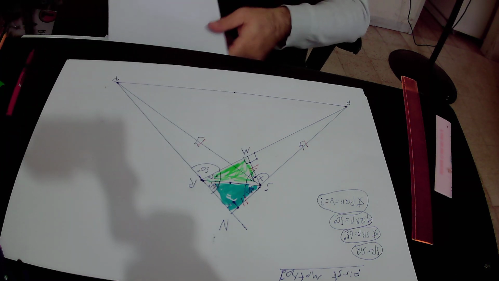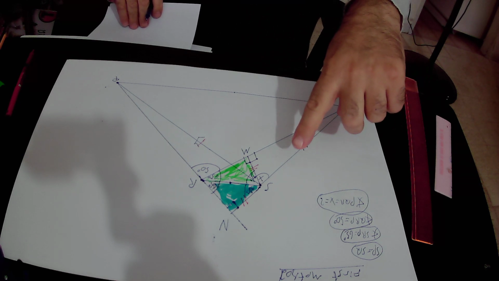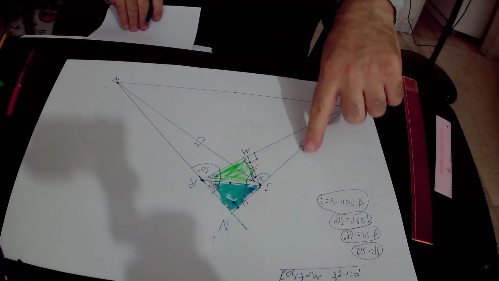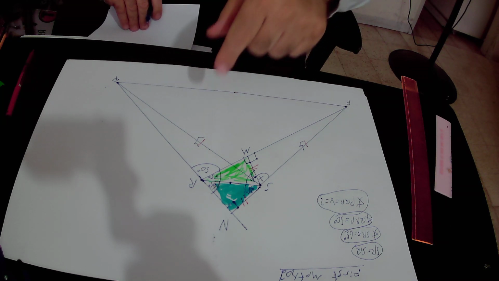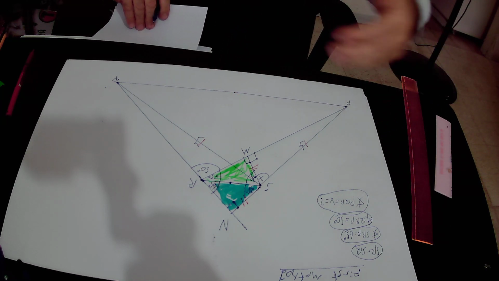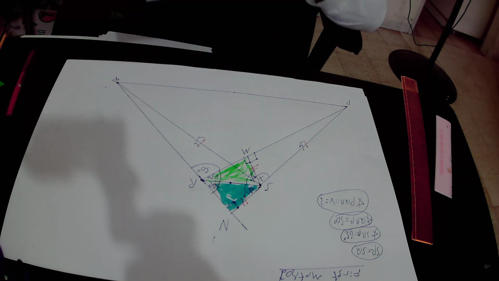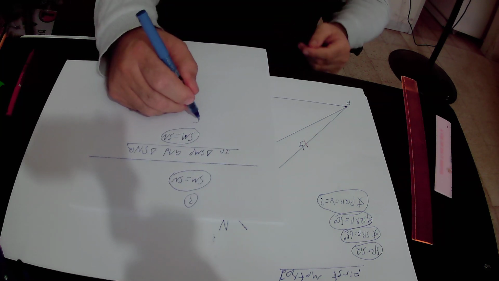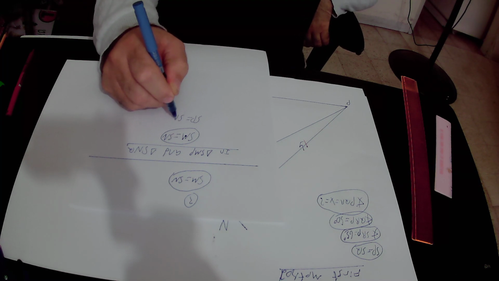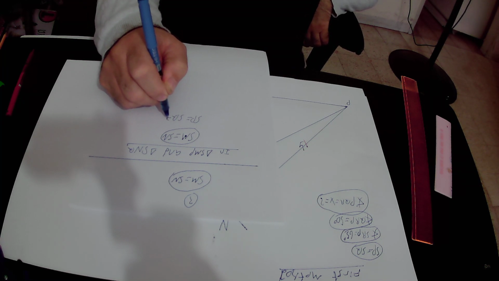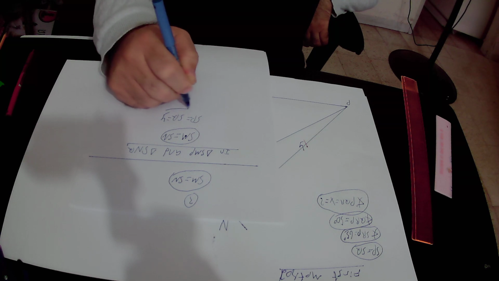And we also know that SP equals y, and SQ also equals y, according to what is given in the question. So SP equals SQ, and both sides are equal to y according to our definition.